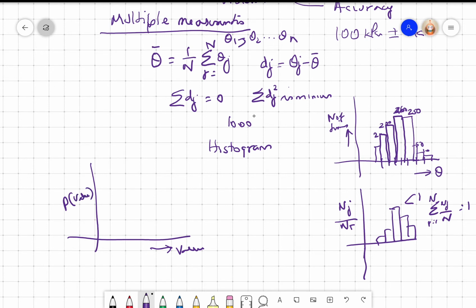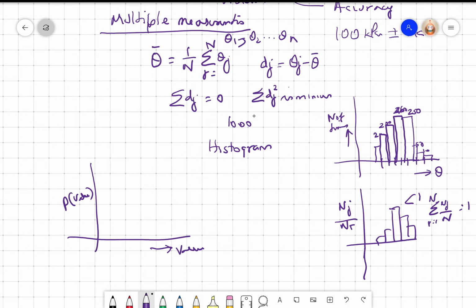Because we already learned that if I get 200 readings within the range 90.1 and 90.2 in 1000 readings, then I can say the probability of obtaining a reading in the range 90.1 to 90.2 is 200 by 1000, which is 0.2, right?